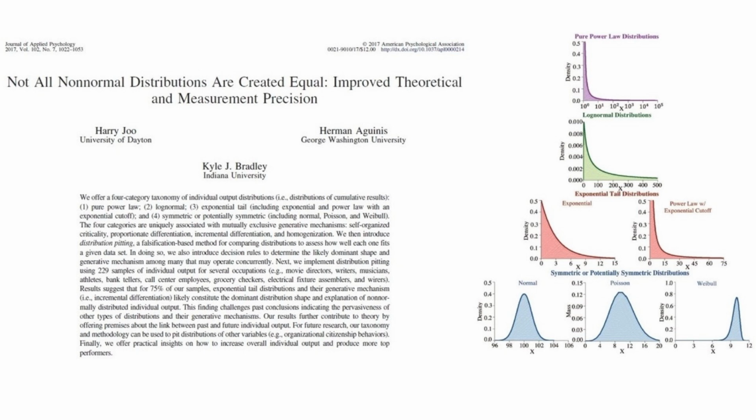It all points to this thing called incremental differentiation. It basically means some people just have higher output accumulation rates. It's kind of like compound interest. Small advantages build up over time and lead to these huge differences. So those small consistent actions, the daily stuff, are more important than the big bursts.